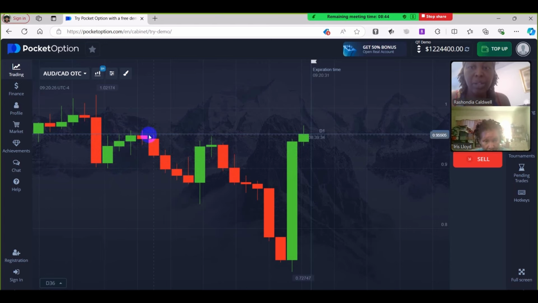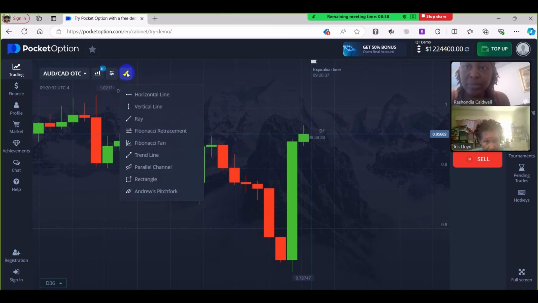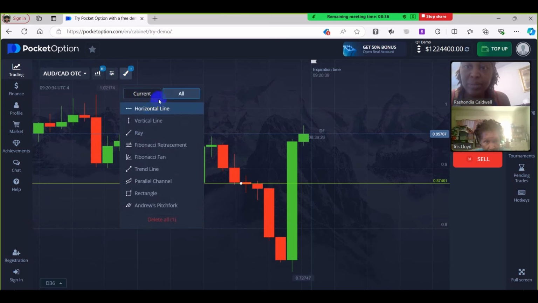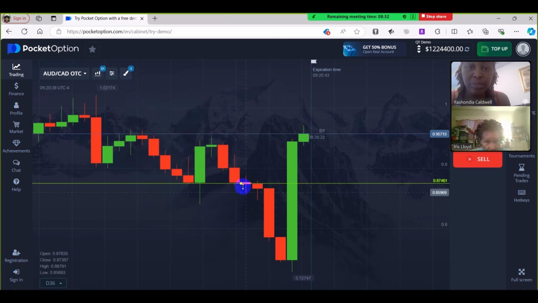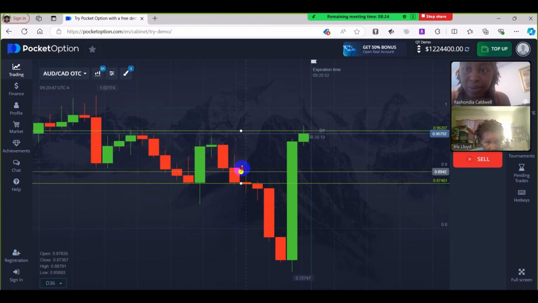So you get your horizontal line and you put it right there at the top of them wicks. You put your other horizontal line right here at the top of that wick.